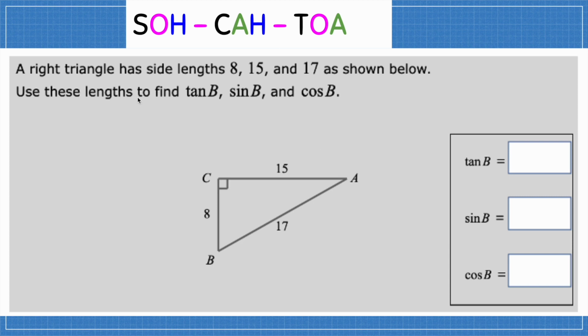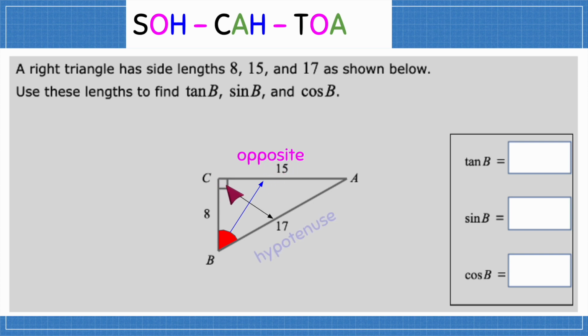Let's go ahead and apply this. I brought the SOHCAHTOA down here so that we can see that pattern. We have a right triangle with sides 8, 15, and 17 as shown below. Use these lengths to find the tangent B, sine B, and cosine B. Here is my angle B, so I'm going to start labeling. My opposite is 15.